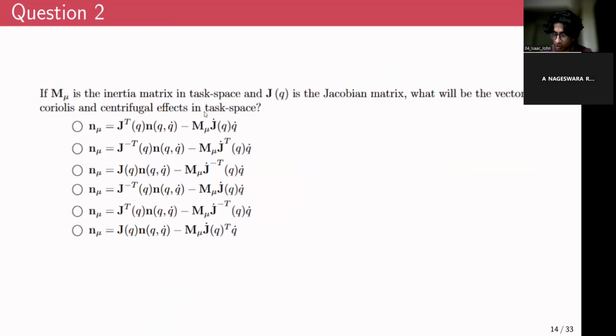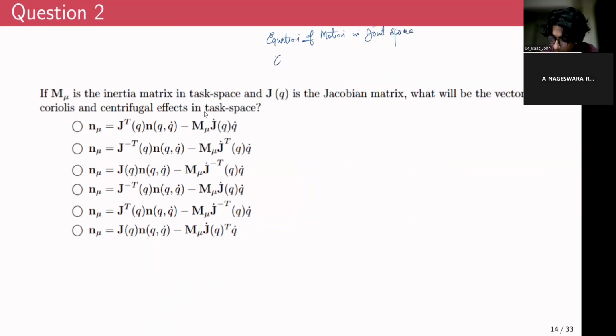So we can write the equation of motion in joint space coordinates as follows. Equation of motion in joint space.